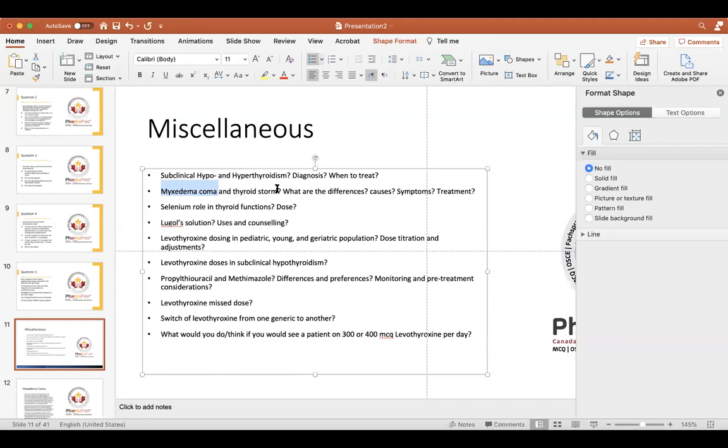We give hydrocortisone or corticosteroid. For what reason? For the hypotension. Something else? No, that's what I know about myxedema coma.